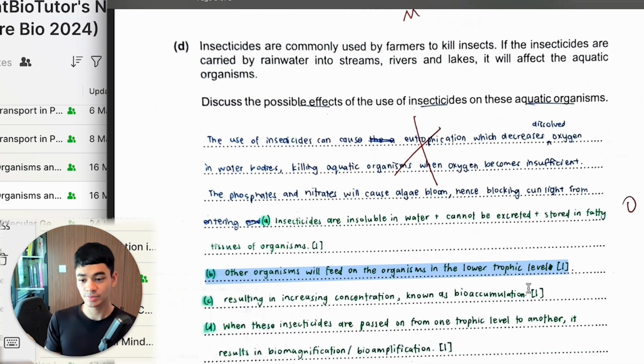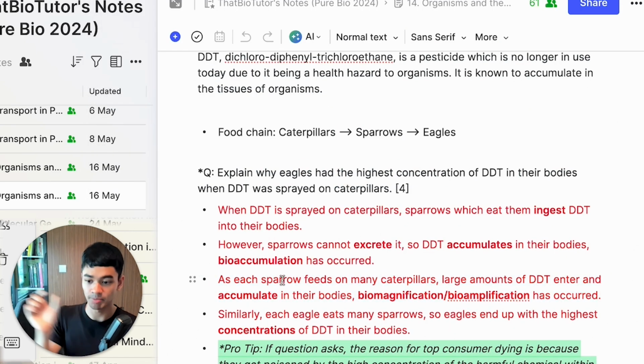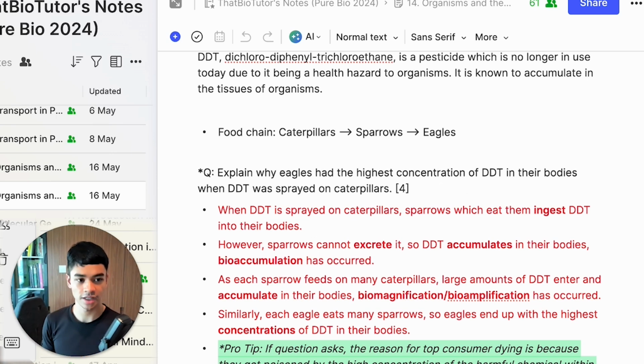It actually explains things, because this one doesn't explain why it has this multiplication of concentration up the trophic levels. But this one actually explains, because you say one eats many, so that makes sense. That's why many organisms' worth of the toxin, the insecticide, goes into one predator. So I will highly recommend my phrasing here.